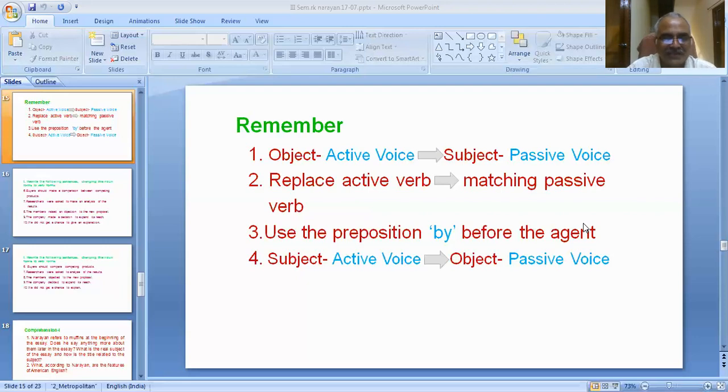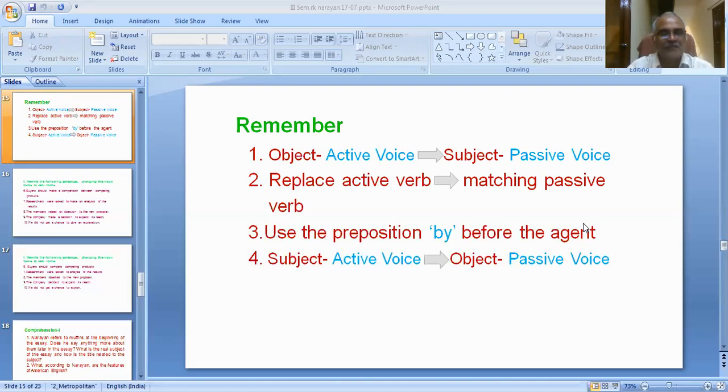The third one is that if we are mentioning the agent, the doer of the action, in the passive voice, if we think it is important to mention, then we have to put the preposition by before the agent. So by remembering these four rules, we can convert sentences from active voice to passive voice and passive voice to active voice.